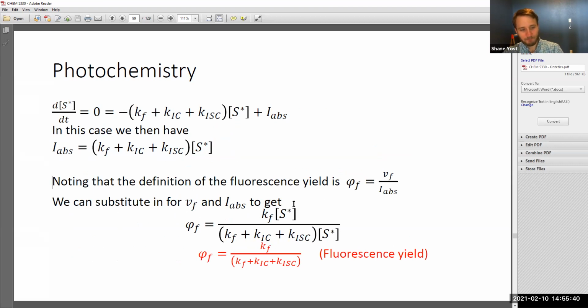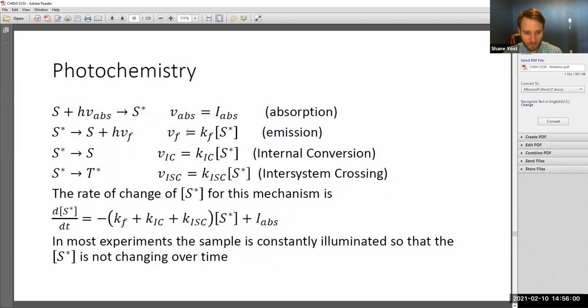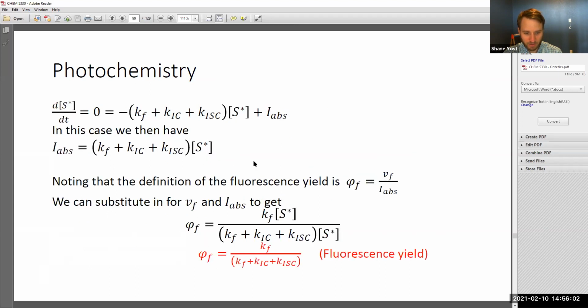If we go back to our definition of fluorescence yield, it was the rate of fluorescence over the rate of absorption. The rate of absorption can be rewritten in terms of S star and the sum of these rate constants. The rate of fluorescence is just kf times S star. Let's plug those in, and we get this simplified expression for the fluorescence yield for this reaction.